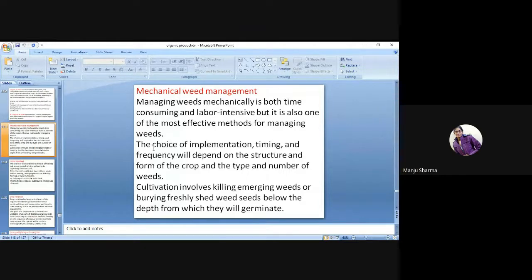The choice of implementation, timing and frequency will depend on the texture, form of the crop, and the type and number of the weeds. Basically, cultivation involves killing emerging weeds or planting freshly seeded weed seeds below the depth from which they will germinate.